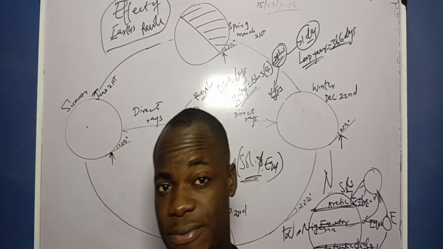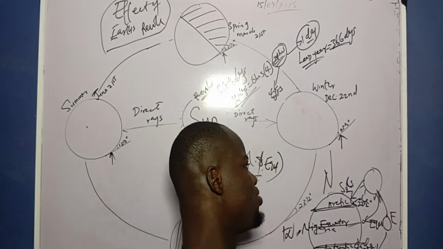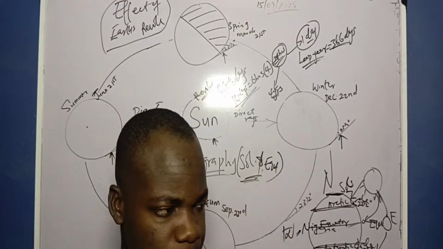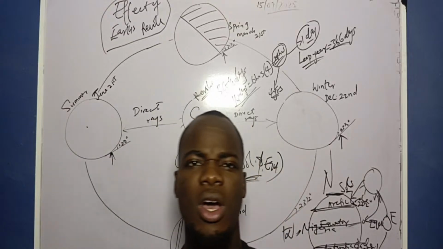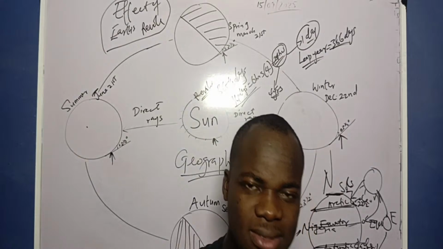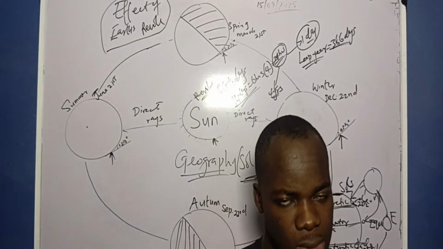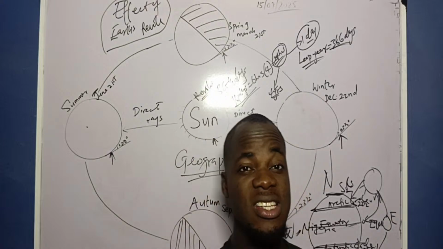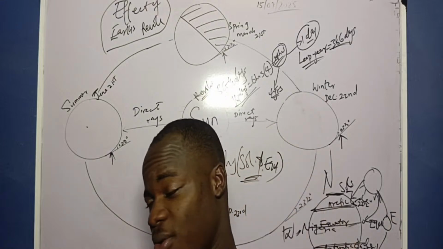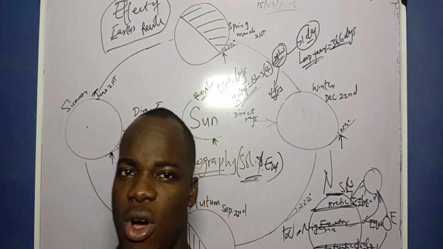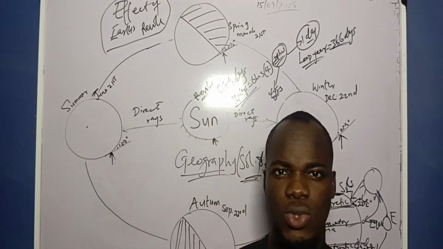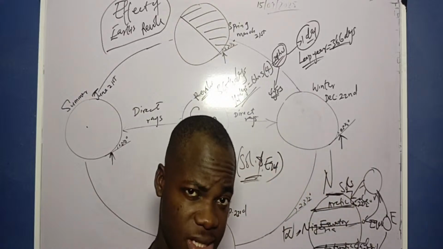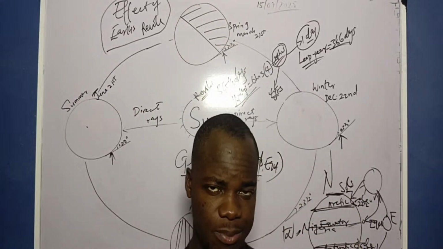Some used to have 20, but at the core north of the northern hemisphere, they will have what is called 24 hours daylight, no darkness. So they used to call it the day of the midnight sun. And it happens around June 21st, 22nd. That's what used to happen in the northern hemisphere.